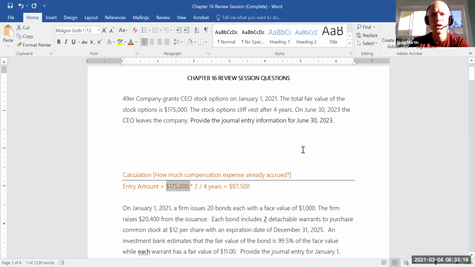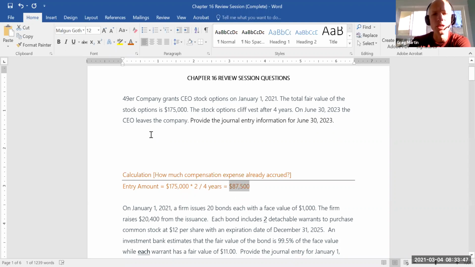They would have made an accrual adjusting entry at the end of 2021 and at the end of 2022. So they would have previously recorded 2 years of compensation expense for a total of 87,500. Since that was the total accrued when the CEO leaves, that's the journal entry amount. So the journal entry amount is going to be 87,500. That's one part of it.